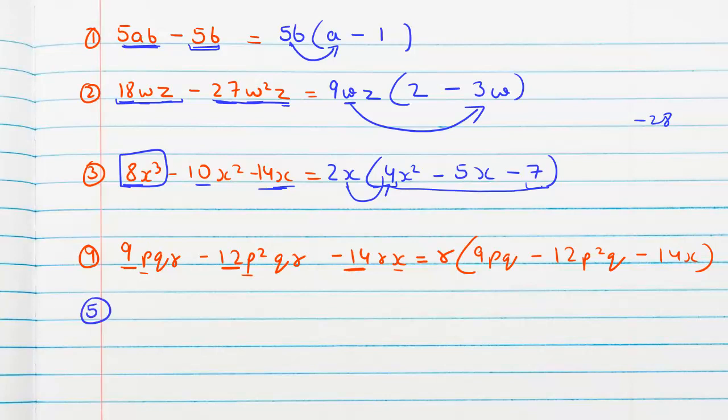Let's take a look at a little bit more complex problem. It will give you some practice, and don't worry, it won't be too much. Okay, let's take a look at this one. We have 14x square y minus 35xy minus 63x.